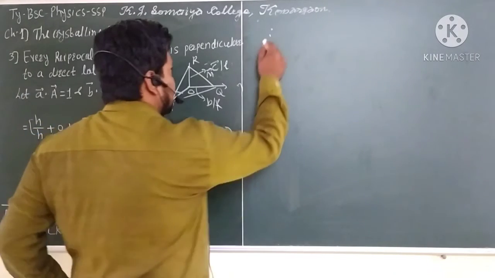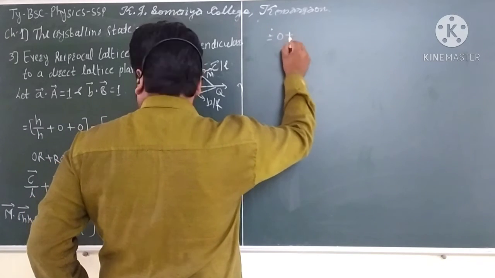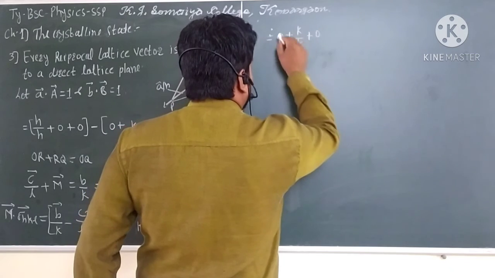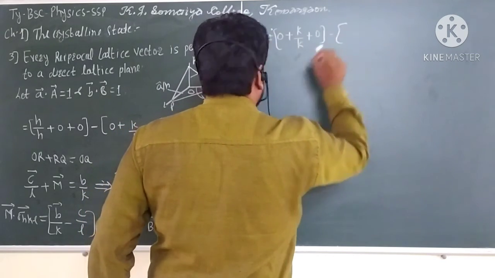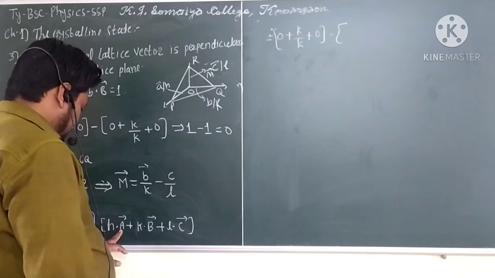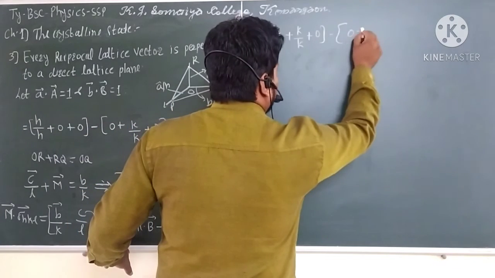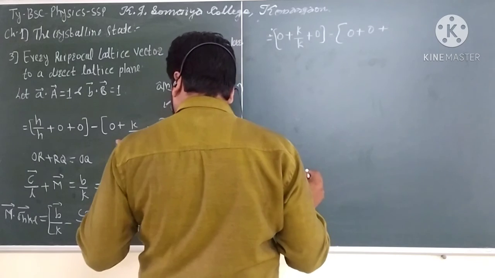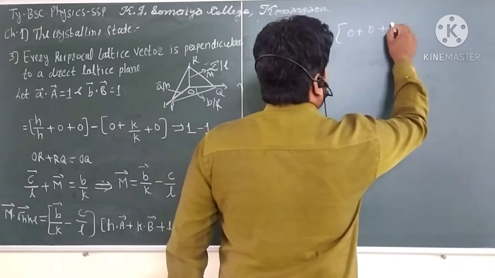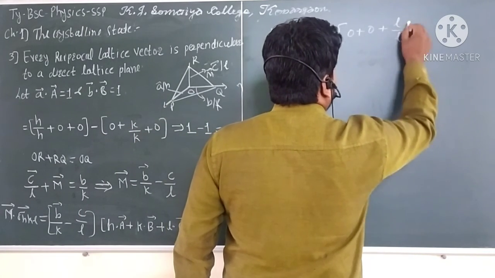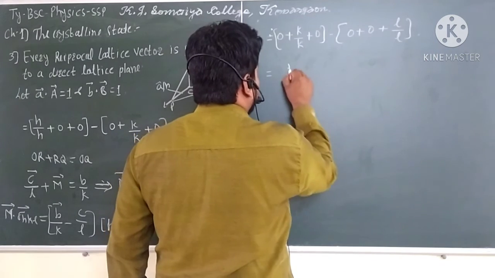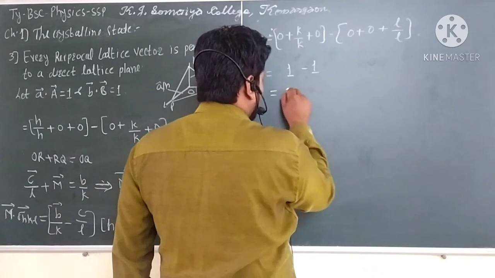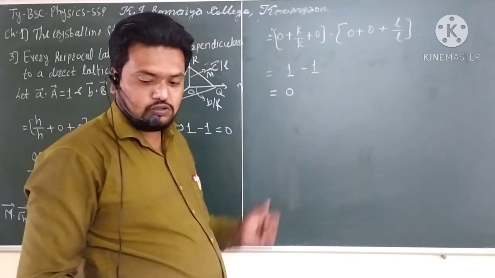So this is 0 plus K by K plus 0, minus C dot A, which is 0, plus C dot B, which is 0, and C dot C, which is 1, so L by L. If we take K by K as 1 and L by L as 1, that is equal to 0.